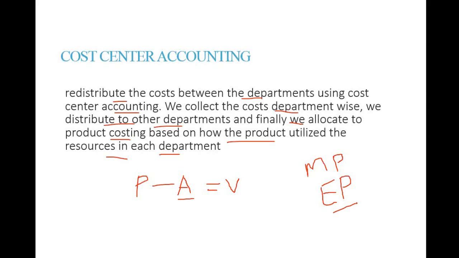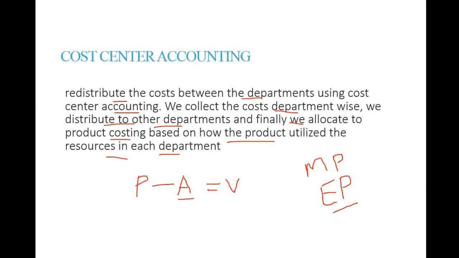When distributing, there are different types of allocation methods. One is the distribution method, another is the assessment method, and there are different repostings. In distribution and assessment, we use the distribution cycle and assessment cycle. We are going to create different cycles, and there are different methods.